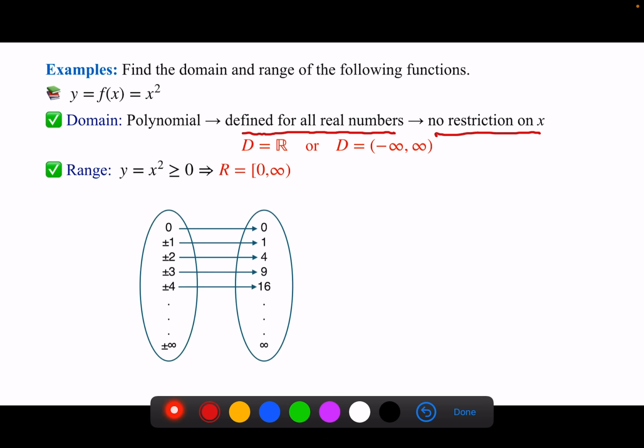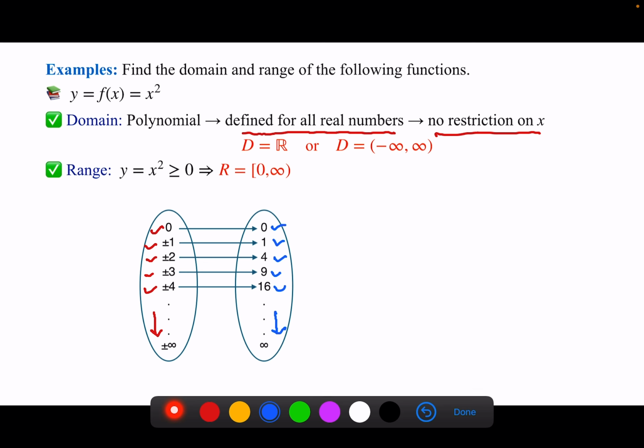Suppose x is 0, plus minus 1, plus minus 2, plus minus 3, plus minus 4, and it tends to infinity, plus minus infinity. Then y is 0, 1, 4, 9, 16, and tends to infinity.